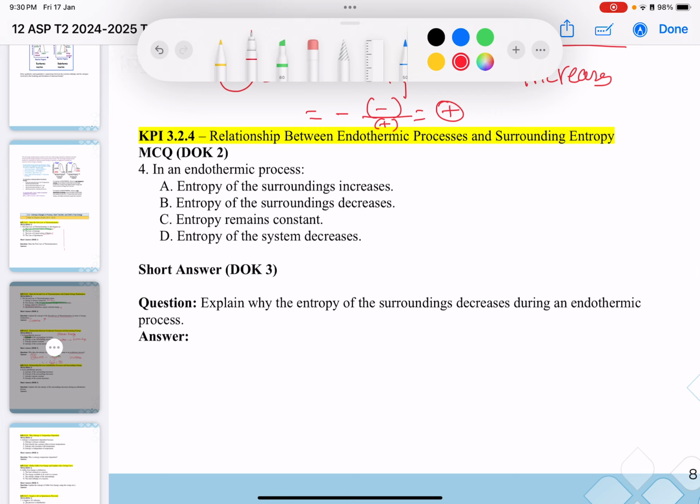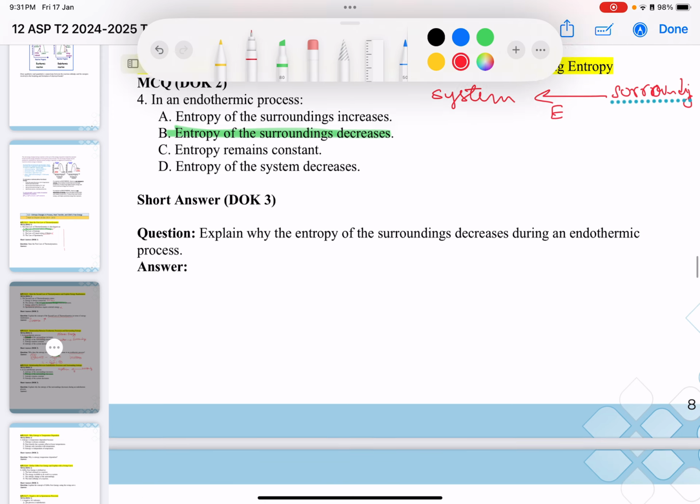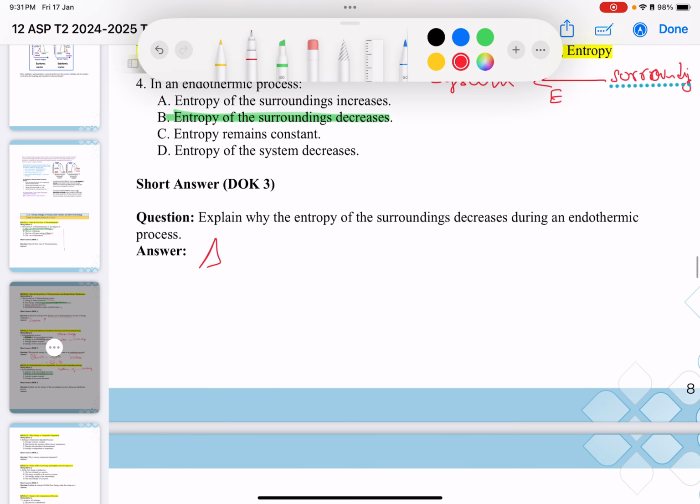In an endothermic process, the system absorbs energy from the surroundings. In this case, the surroundings are losing energy, so the entropy of the surroundings decreases. Again, I can prove this with the formula.